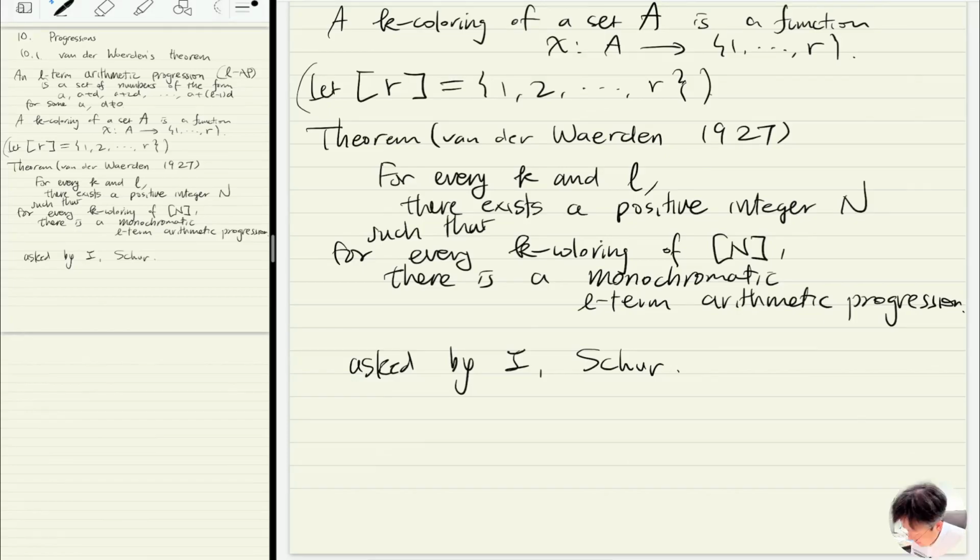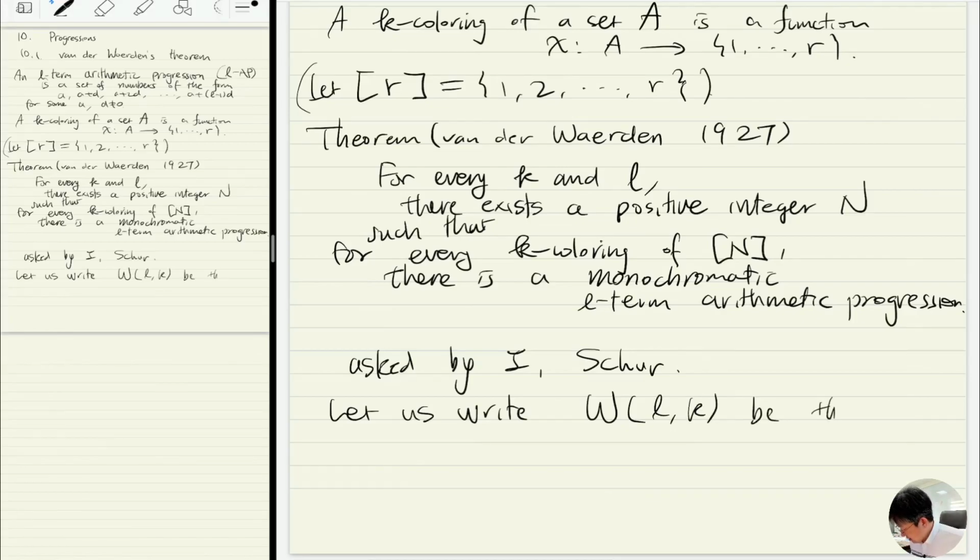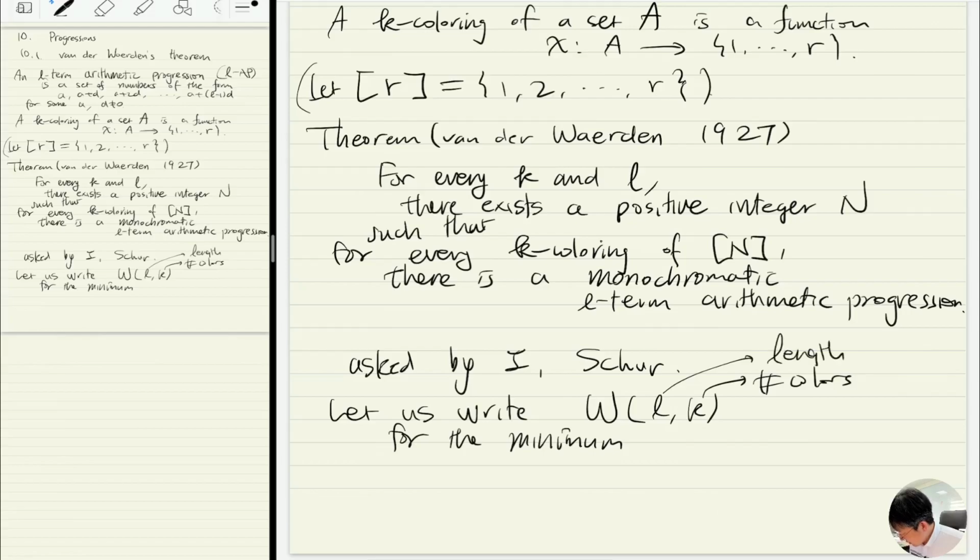So let us write W(L,K) be the minimum such integer n, where K is the number of colors and L is the length, and this is called the van der Waerden number.